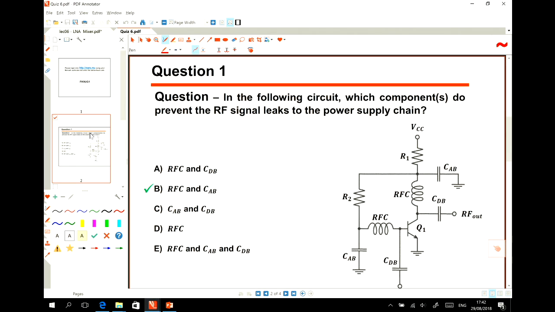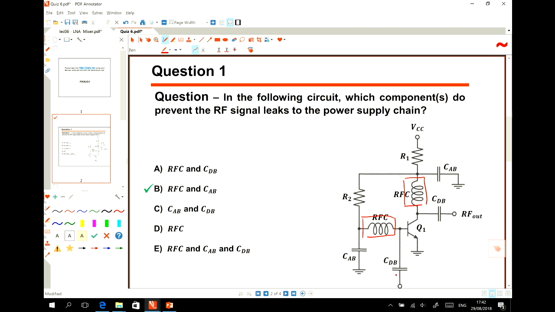So, as I mentioned, this inductor and this inductor, if we select the value properly, then they can show a high impedance at the operating frequency.